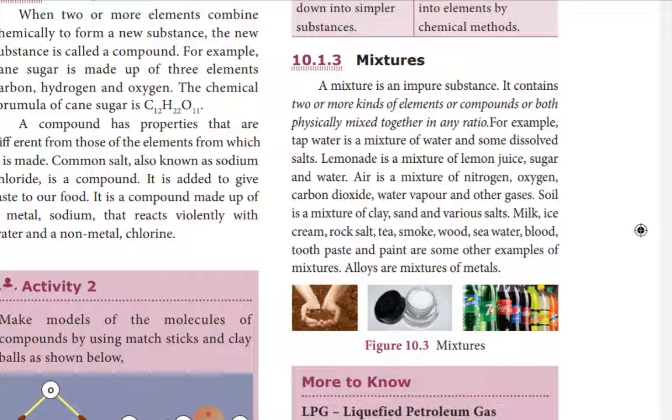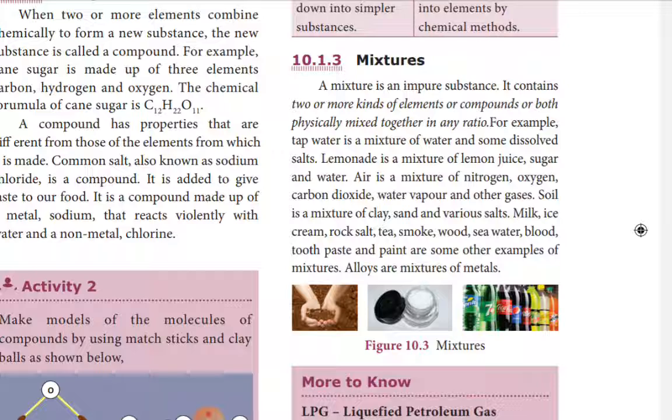They are not chemically mixed, and they are not in definite proportion. Two or more different kinds of elements physically mixed in any ratio is called a mixture.